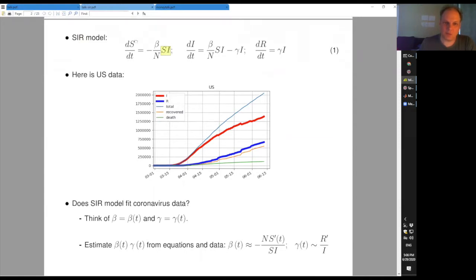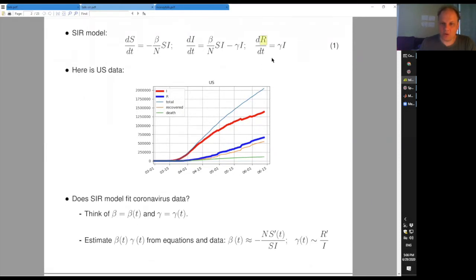So they're removed from the susceptible class, the minus sign here, and they go into the infected class, and then the infected recover with some rate gamma. R stands for recovered, or die. In that case, they're basically removed from the system. So R often stands for removed, either recovered or dead.